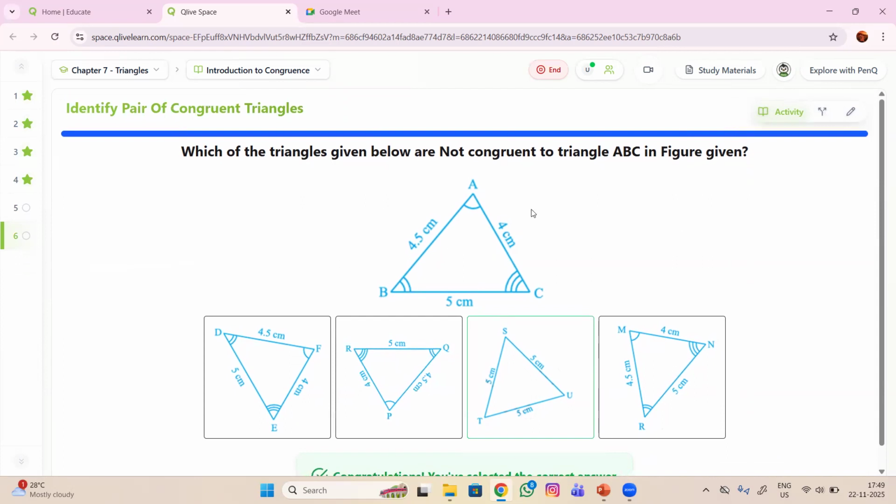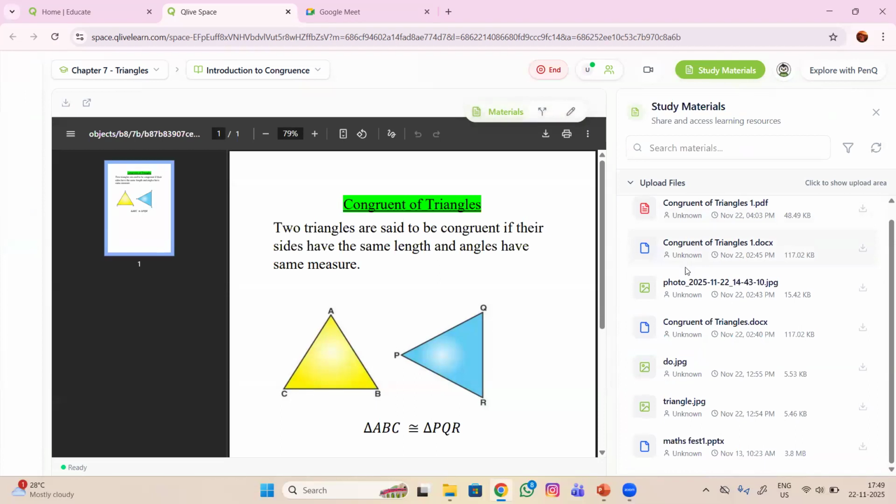There are a lot of criteria by which we can prove the congruency of a triangle.